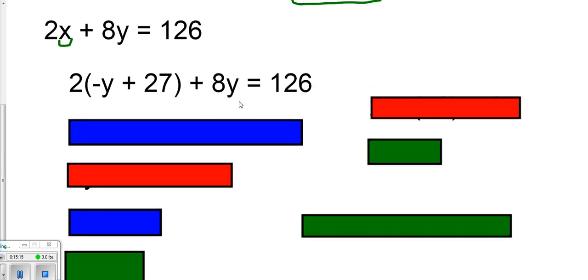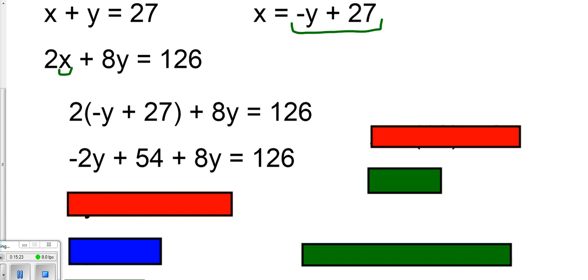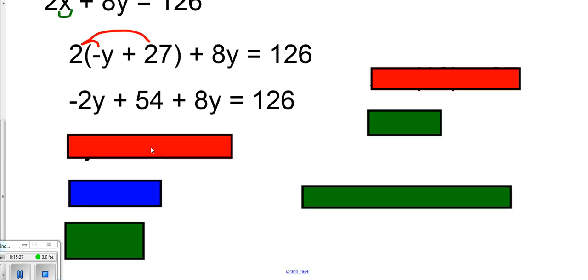So we just simply have to start simplifying these expressions. 2 distributed over to a negative y is negative 2y. I'm going to show you what's happening there. We're distributing this and this. So negative 2y plus 54 plus 8y equals 126.